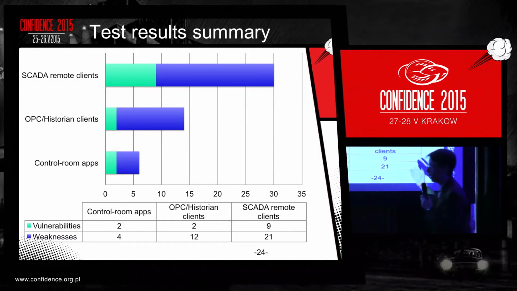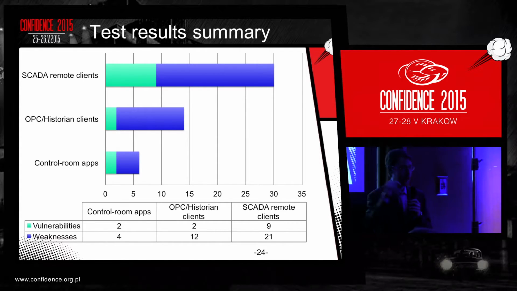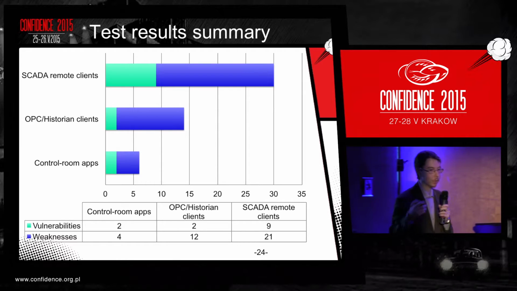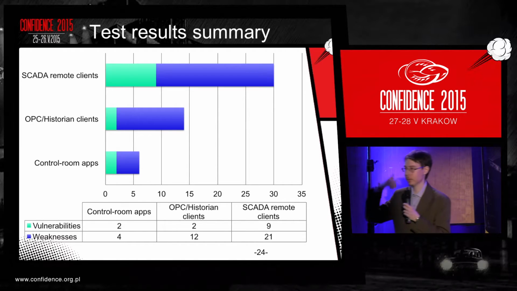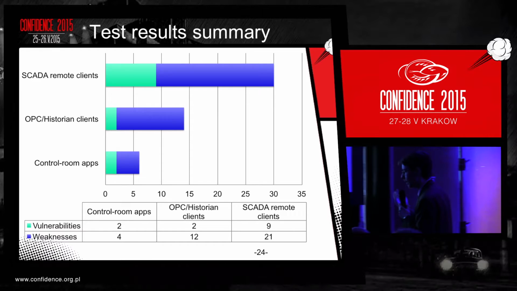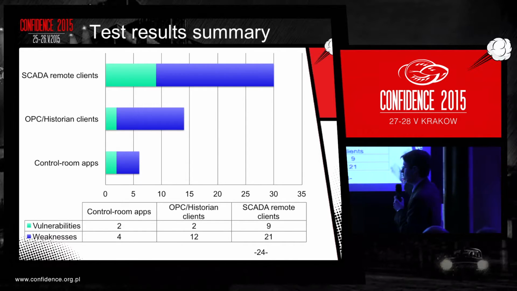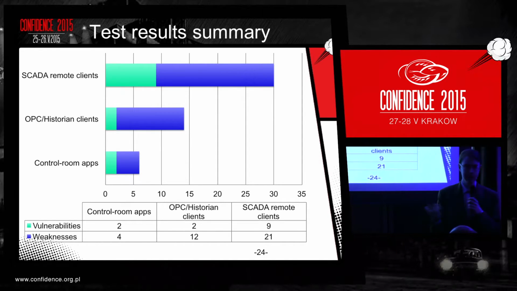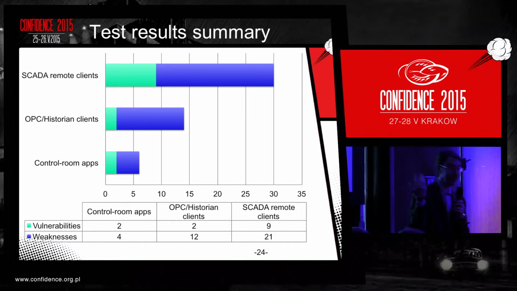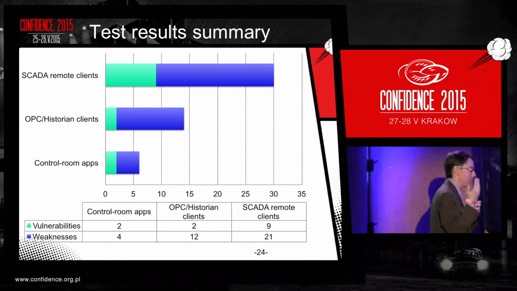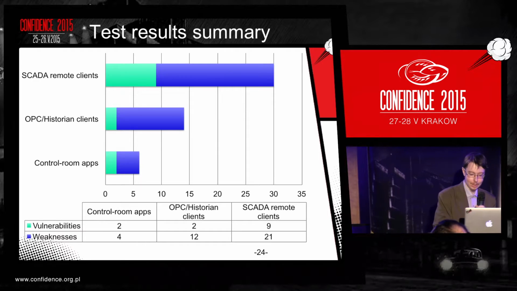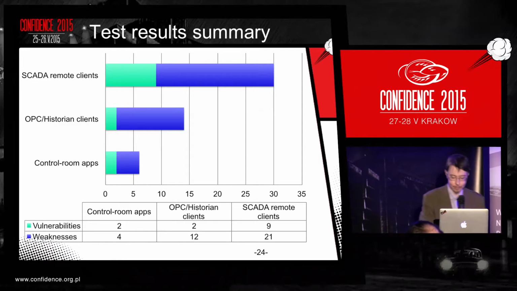So the applications that connect to the ICS infrastructure from outside of the safe perimeter, through remote endpoints, that could be easily compromised, have the most vulnerabilities and weaknesses. And that's strange. I don't understand why it happened, but it did.